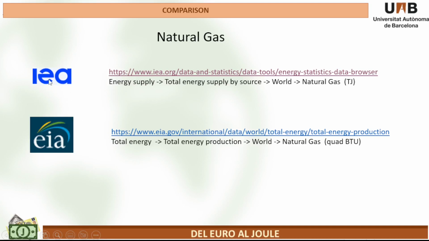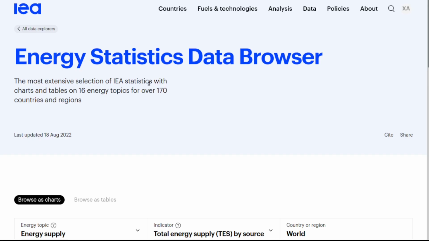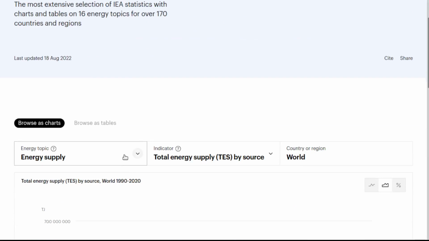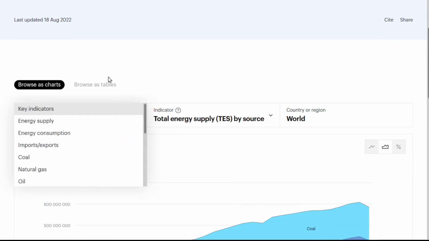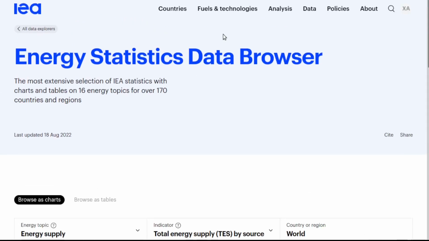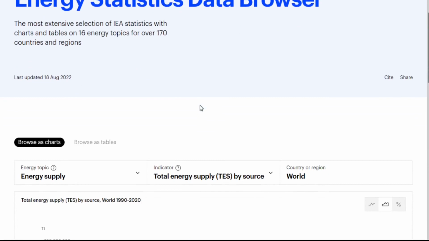One is the International Energy Agency and the other one is the US Energy Agency. Let's go to the International Energy Agency and see how much energy we get in the world from burning natural gas. To do this, we go to this statistics data browser.